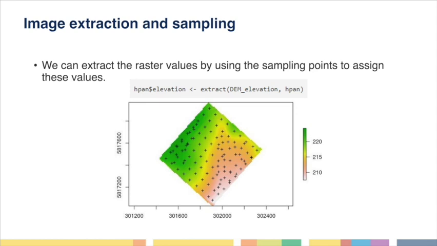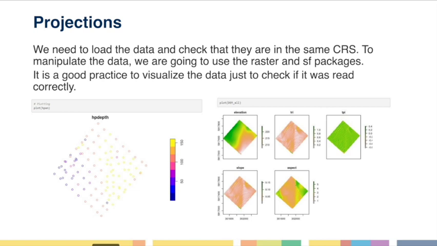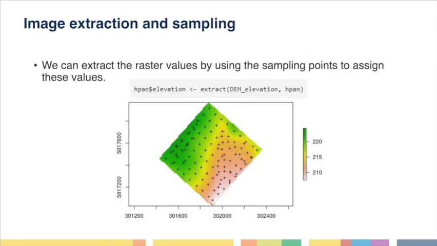The first thing that we have to do is to make sure before anything that the projections are correct. And by doing this, we can align the data. And once we've made sure that that's the case, we generate a map and we can extract the different values of elevation by using the different points.